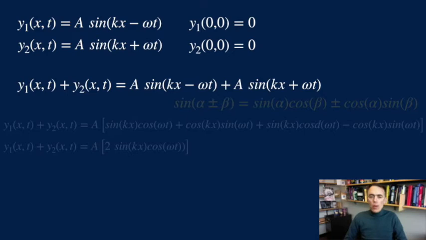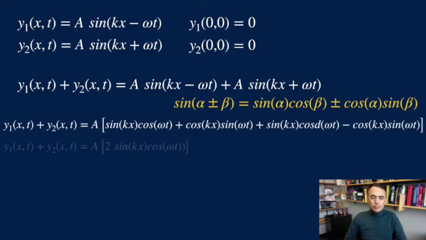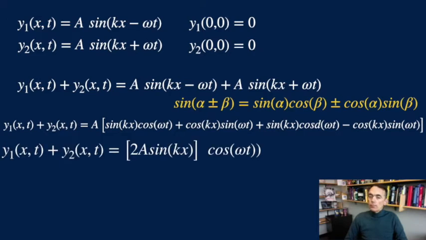If we sum both waves, for that we will use this trigonometric identity. So this sum is, so the amplitude of the resulting wave is twice that of the original one.